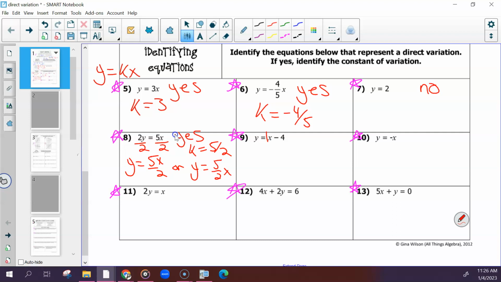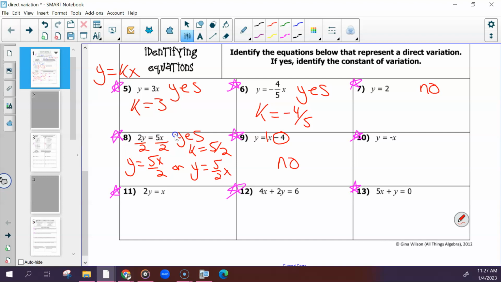There's something else. Because it has a different b that's not 0. So direct variation has to have some number in front of your x, for your k, and then it has to go through 0, 0. If it does not go through 0, 0, or it has a b that is not 0, it is not a direct variation.